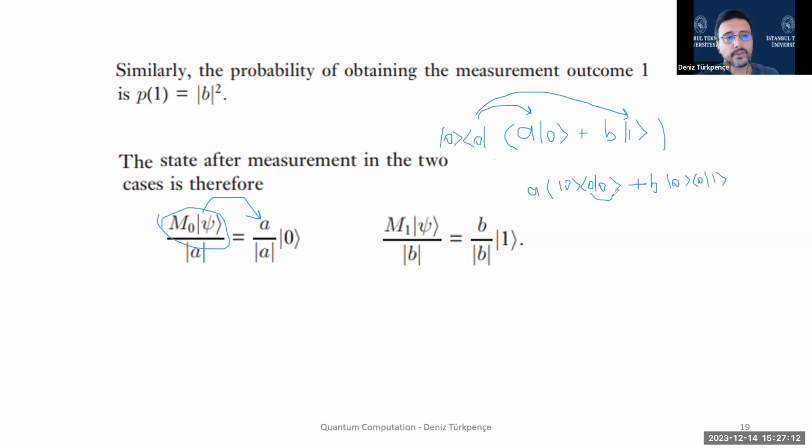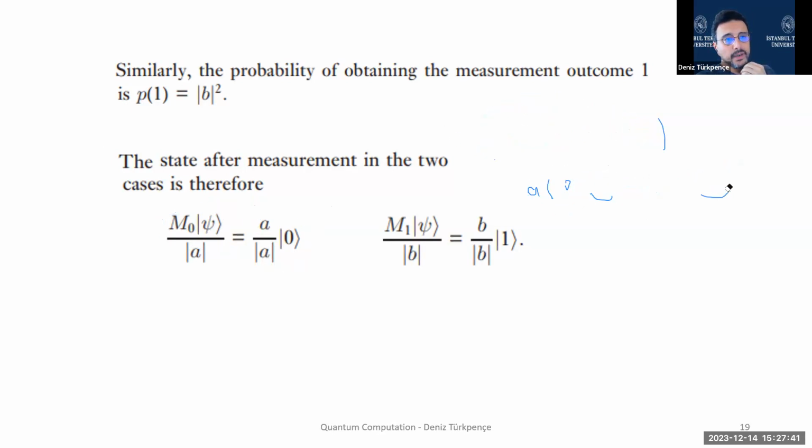So this is simply 1 because of the identity, or they are the same states. And this is, of course, 0 because of the orthogonality. And what I will obtain is this term. This term is the result of my multiplication, and it should be divided by this, okay? Yes, this is the case, what I will obtain after the measurements, okay?